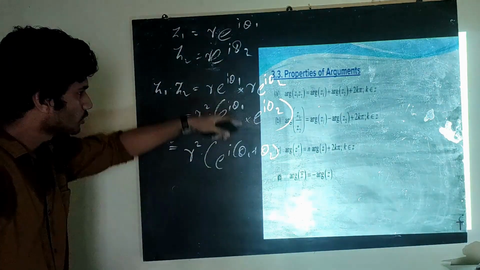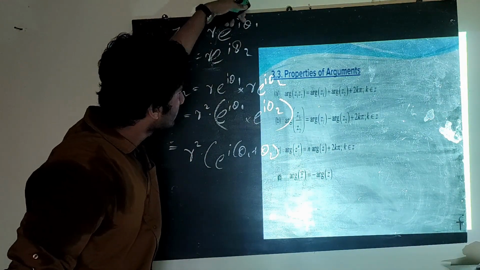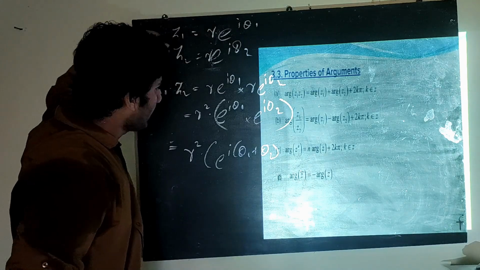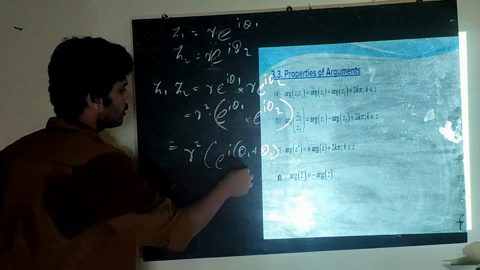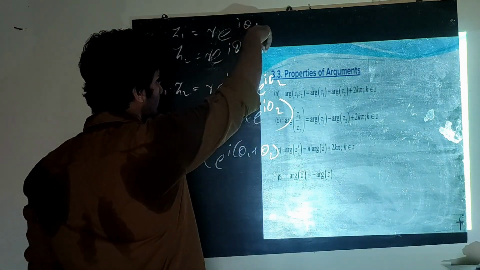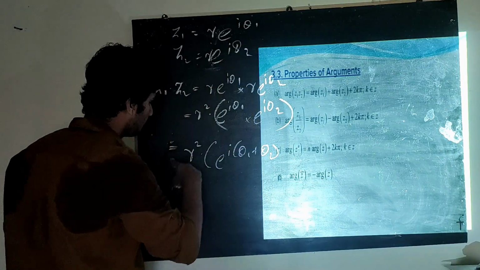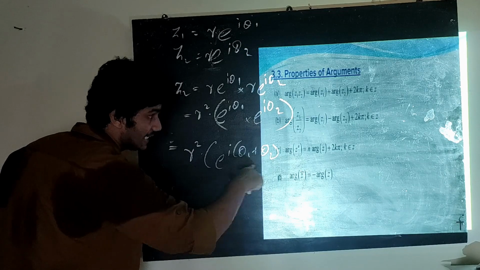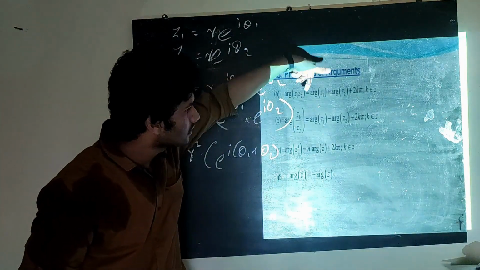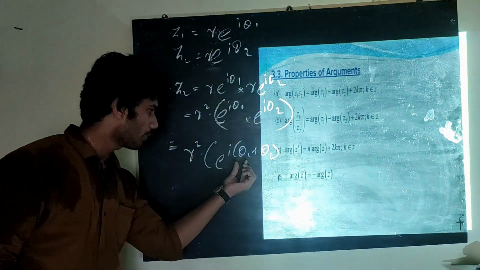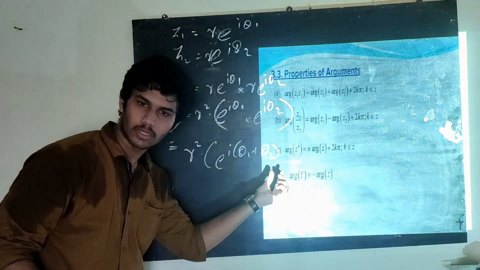Right? So the individual arguments were theta 1 and theta 2, and when you take the product Z1 Z2, its argument is theta 1 plus theta 2. That means it's simply argument of Z1 plus argument of Z2, right?